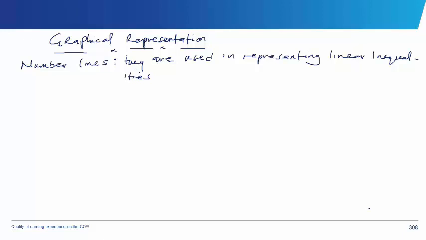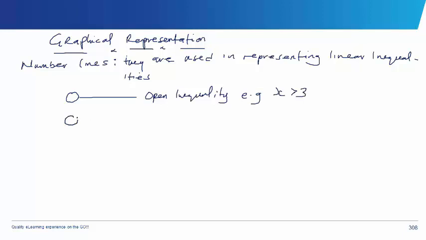There are two types of number lines. The first is called the open inequality, with a hole and an empty space. This happens when the inequality is of the form x greater than 3.